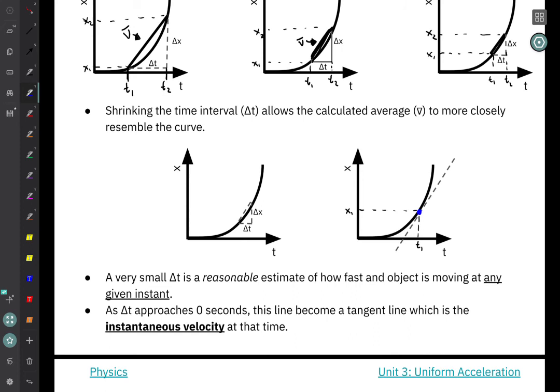And if we know what that line is, where it's only touching that single point, we can try to use another point on that line itself in order to figure out what that second time is and what that second position is going to be.